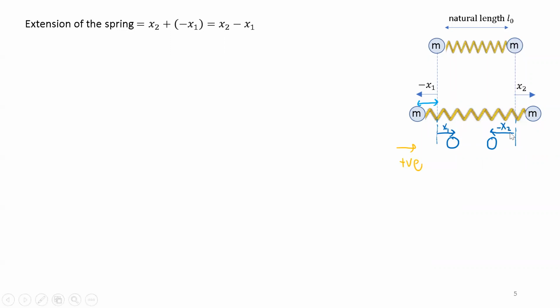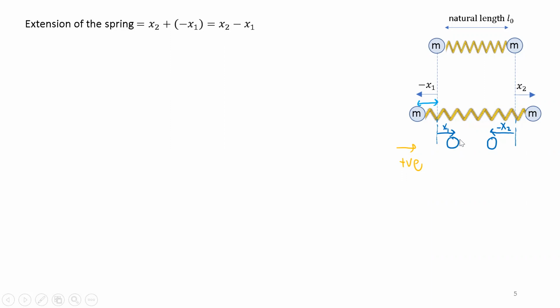If I ask how much this spring is stretched, you will tell me it is not stretched, it is compressed, so you give me a negative number.